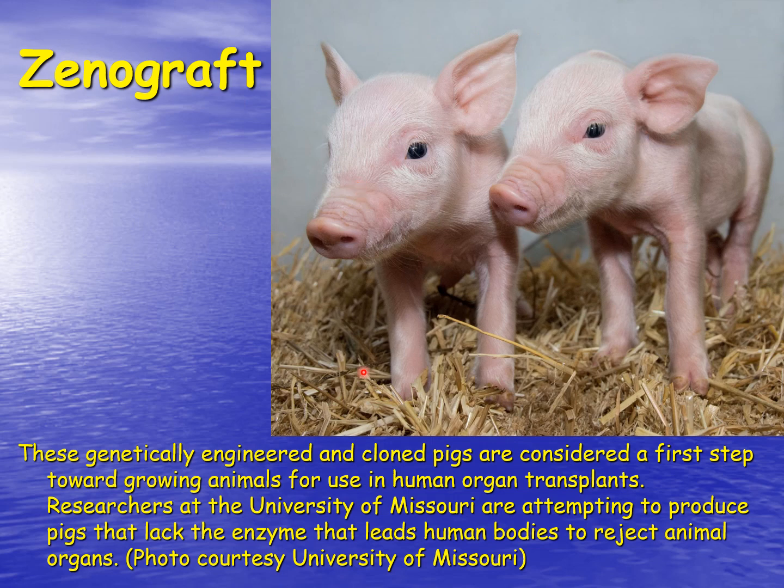These two piglets are actually from a group of pigs at the University of Missouri that are genetically engineered and cloned, and these are considered to be the first step toward growing animals for use in human organ transplants. These pigs have been genetically modified and cloned to produce even more of the human markers on the surface of their organs.